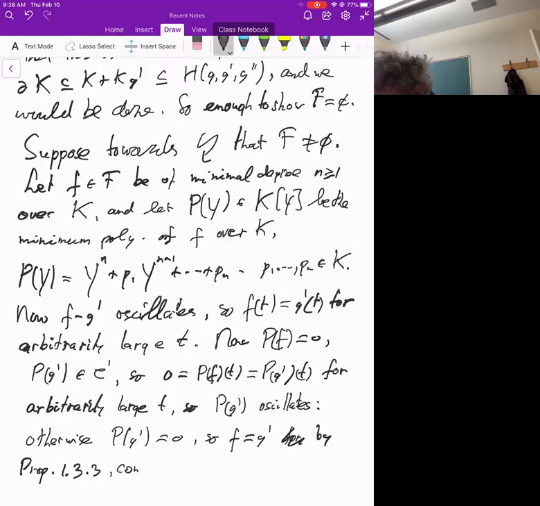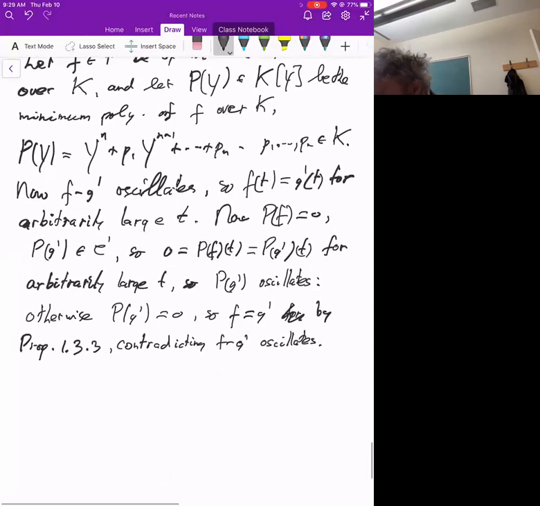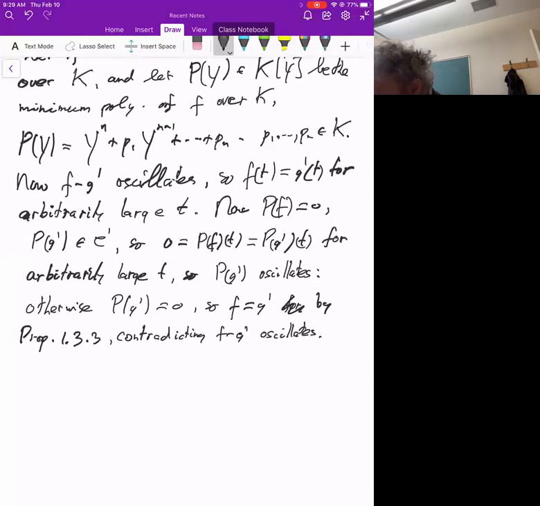Contradicting, because the 0 function is not considered oscillating, contradicting f minus g prime oscillates. Okay, so let's underline what we have now. P(g prime) oscillates. Good.